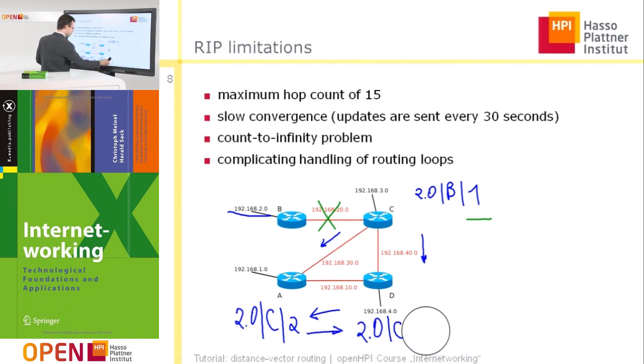So router D will install the route to the network from router A with a hop count of 3, and router A will then install the route advertised by router D with a hop count 3.